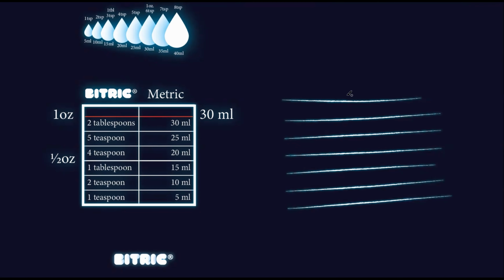Then what you want to do is divide that line in two. And you want to put BITRIC to the left and metric to the right.